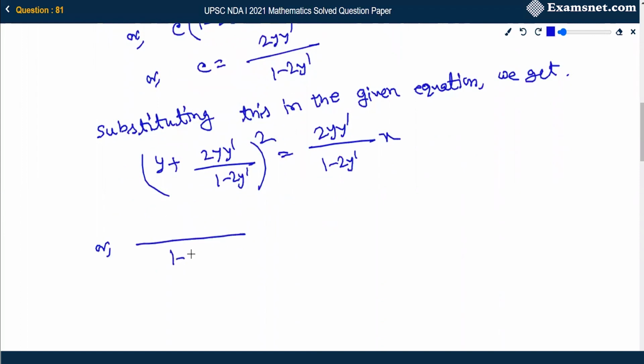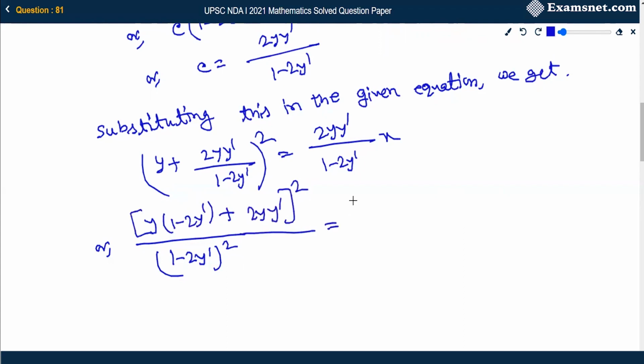It will become 1 minus 2y dash whole square and y times 1 minus 2y dash plus 2y y dash, its whole square, equals 2x y dash by 1 minus 2y dash. So both the 1 minus 2y dash got cancelled.